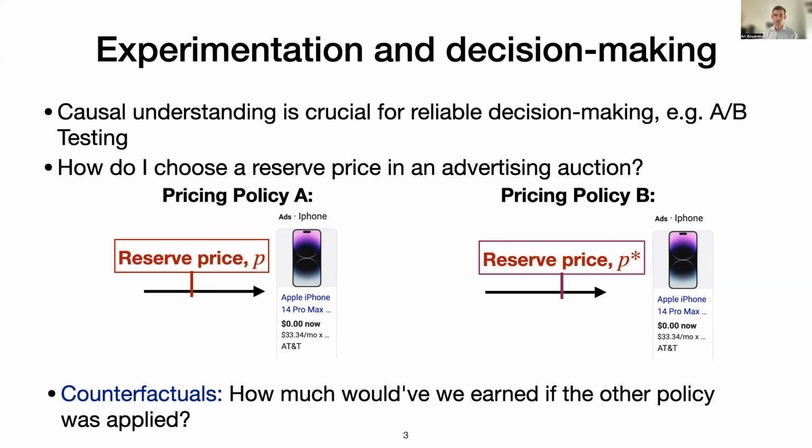However, I can't both know the outcome under policy A and policy B. That is, if I gave an individual a price under policy A, I can't also give that individual the price under policy B and be able to know both outcomes at the same time. This is called the fundamental problem of causal inference, in that we need to identify counterfactual quantities.